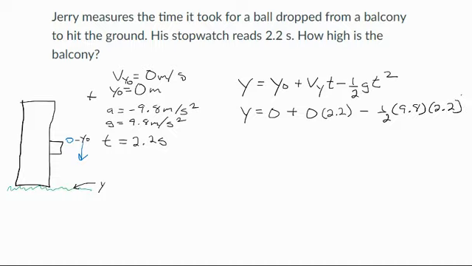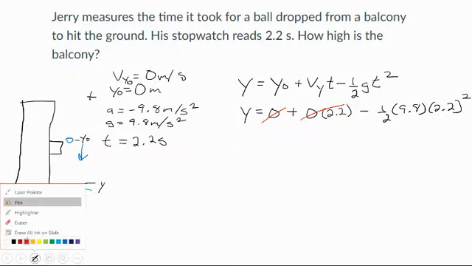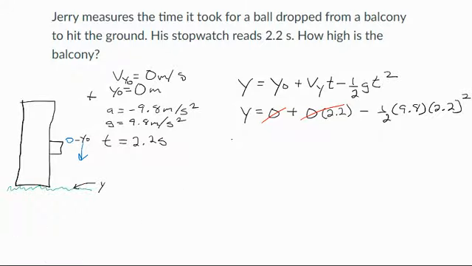Remember, the time has to be squared. So really what's going on here, this goes to 0. 0 times anything is 0. So my final position is actually equal to just this stuff over here.